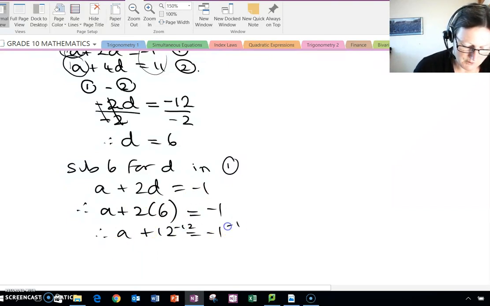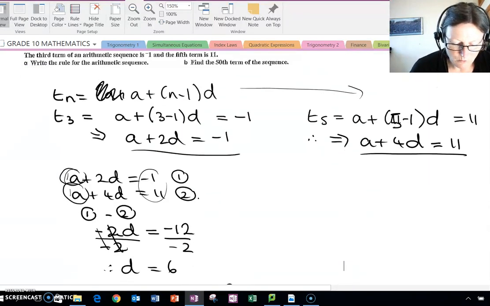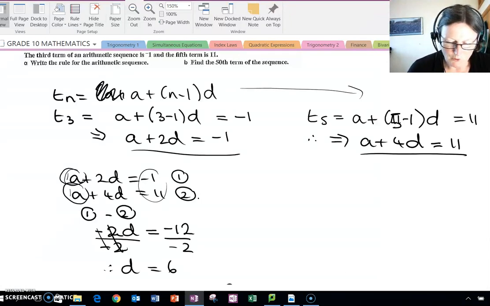Subtract 12 from both sides, which gives us a is equal to -13. So from knowing two terms, in this case the third and the fifth term, I have been able to work out what a and d are. That's the first thing I need to do.